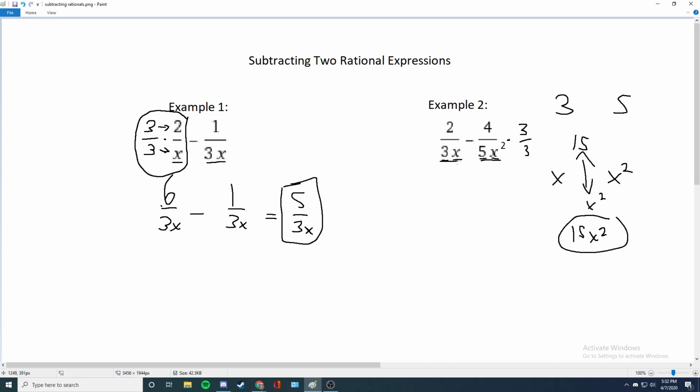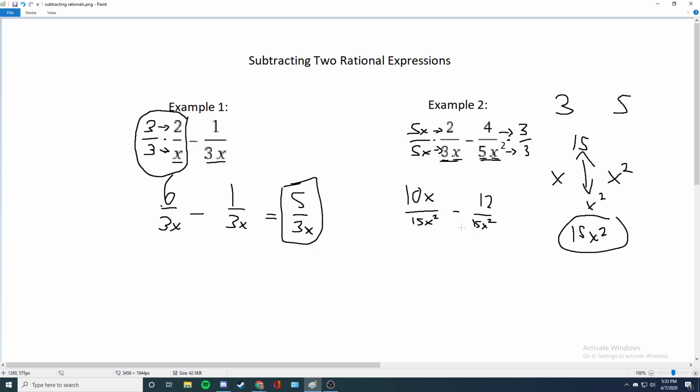And for 3x, we need to multiply that by 5x over 5x in order to get it to be 15x squared. So, just like the last problem, we'll just multiply across on the top and bottom for both of these terms. So we end up with 10x over 15x squared minus 12 over 15x squared.